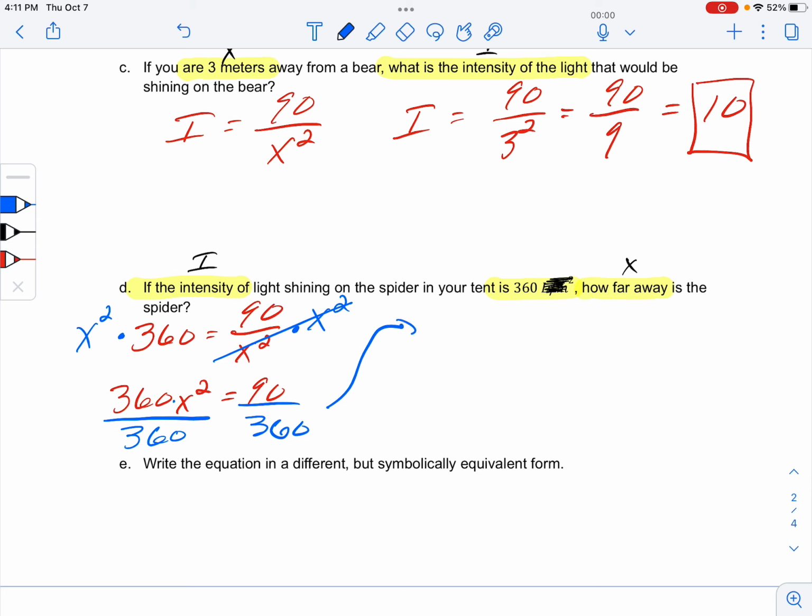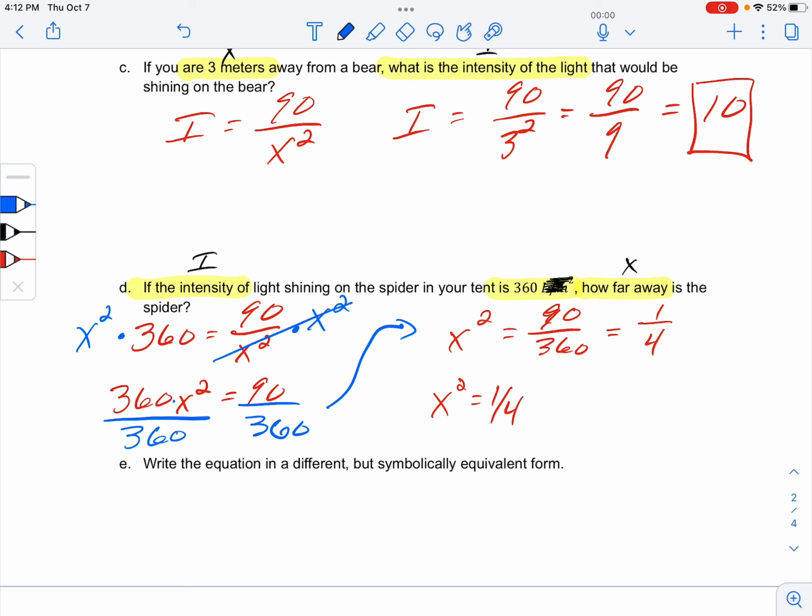As a result, we get x squared equals 90 divided by 360, and 90 divided by 360 is equal to 1/4. So x squared is equal to 1/4.